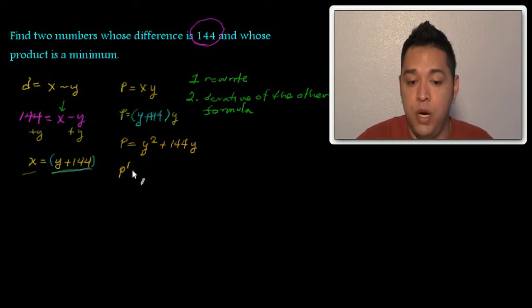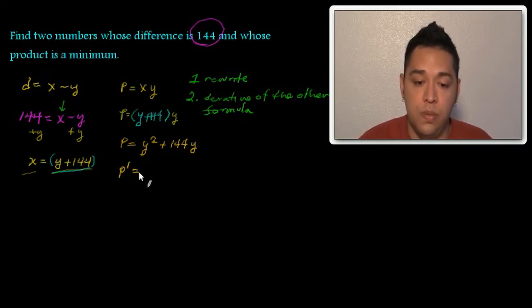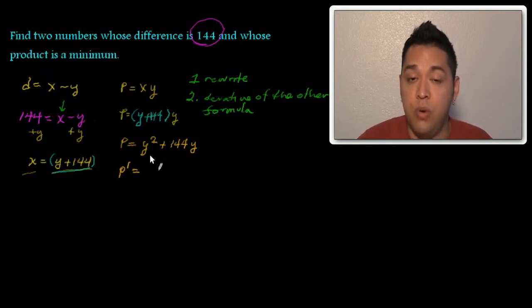So p prime is going to be equal to, what do I get when I take the derivative of that? That's right, I could use the power rule here, and this is going to turn out to be 2y, and the y is just going to drop, and I'm going to have plus 144. That's my derivative. What do I do with that?